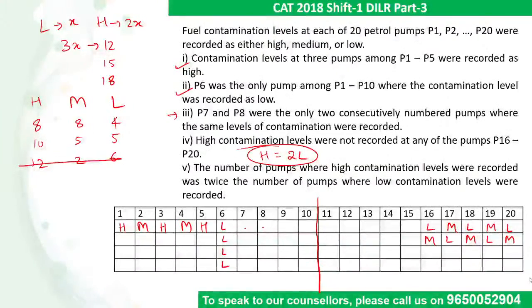Let me form some cases. Let us take 5 medium. I've taken 5 medium. I can have all high, low, high, low.